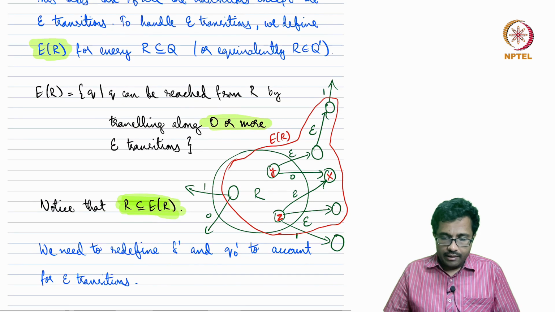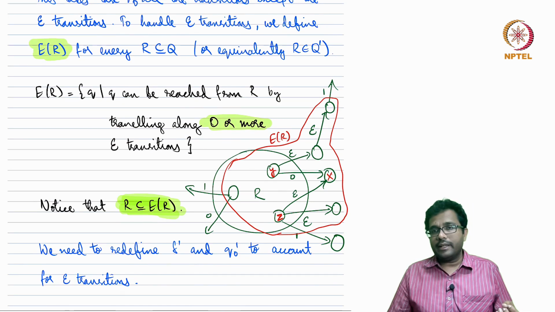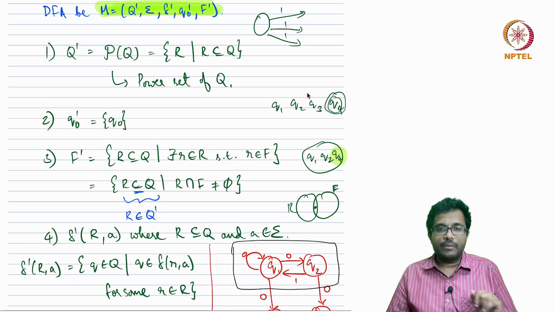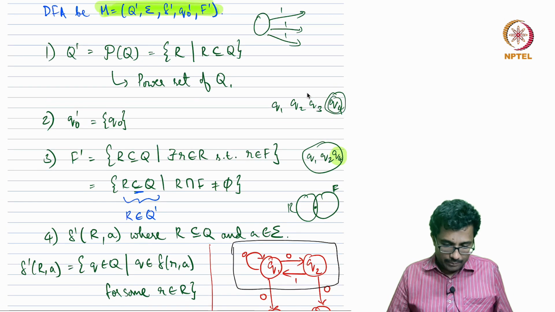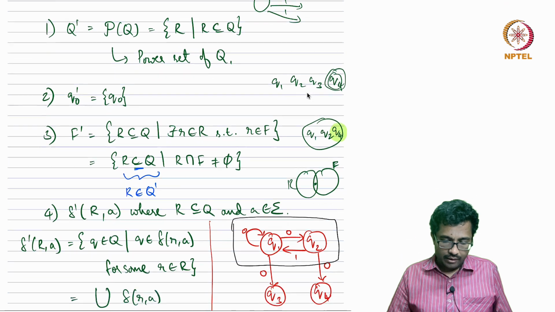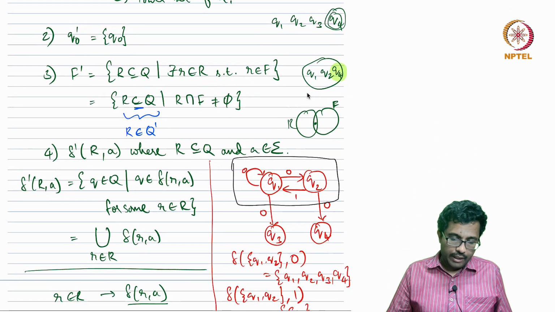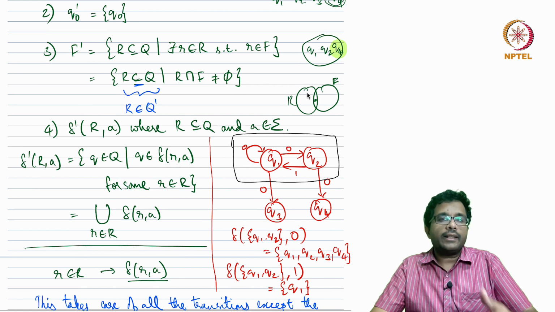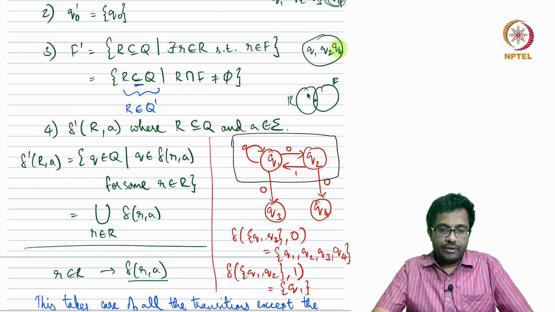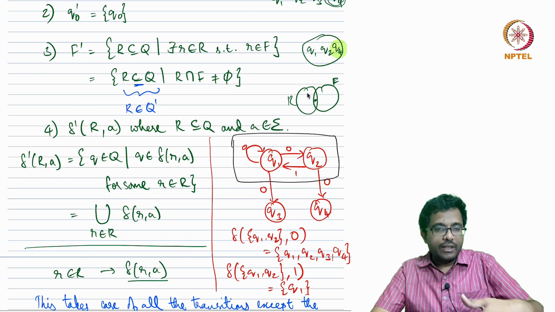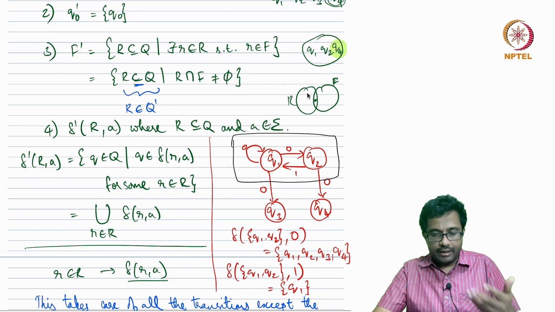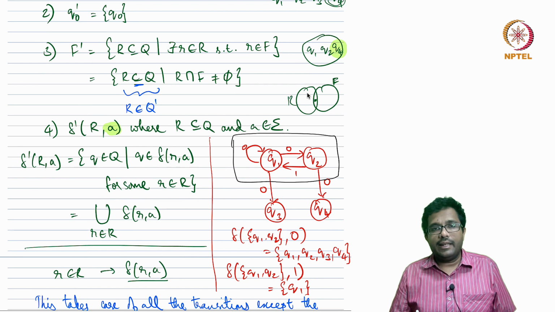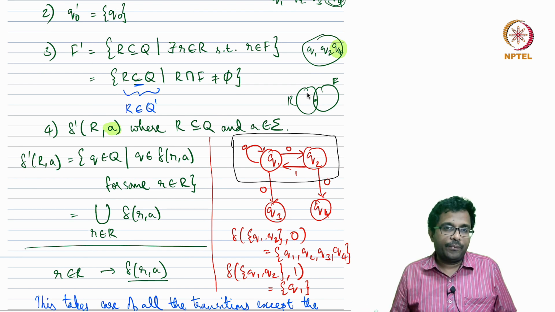So now this is the way to incorporate epsilon transitions into the proof. Suppose there are epsilon transitions. So we have to include the epsilon transitions. One way to do it is to include them after each transition, right. So you try to see where all you can possibly go upon seeing a symbol, let's say A. Now if you see a symbol A, where all can you possibly go?